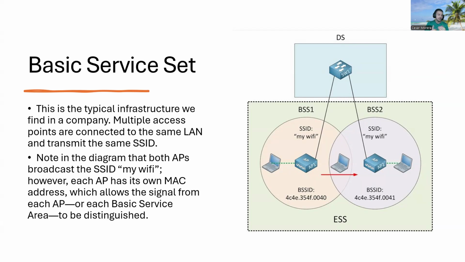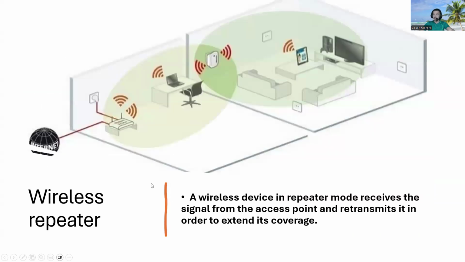However, each AP has its own MAC address, which allows the signal from each AP, or each basic service area, to be distinguished.